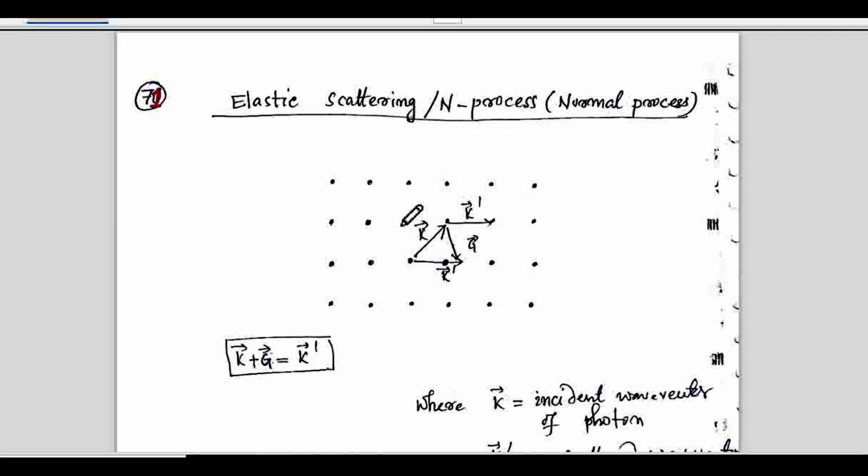Actually, before going to solve this question, you should know that there are two kinds of scattering process that may happen inside the crystal. One is elastic scattering, that is normally known as normal process or N process, and the second one is the inelastic scattering, which is generally called the U process.